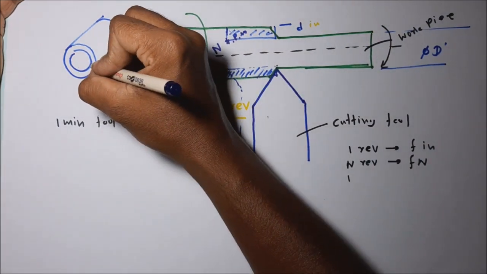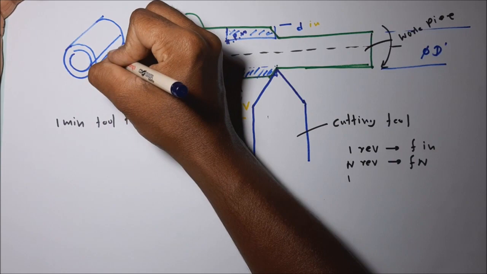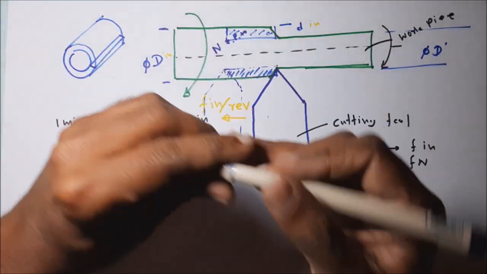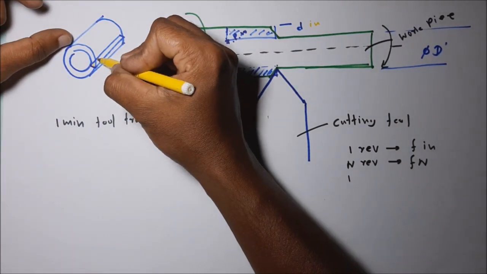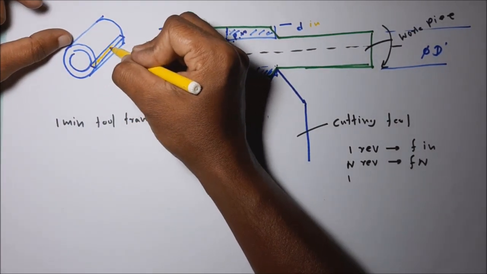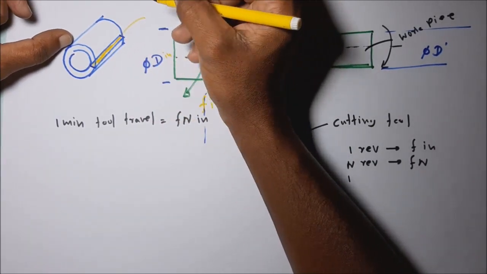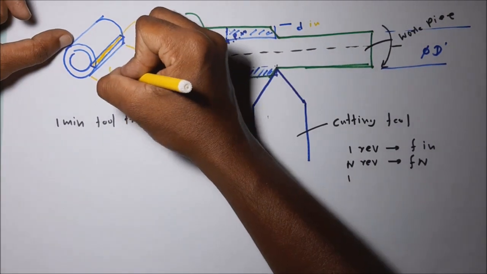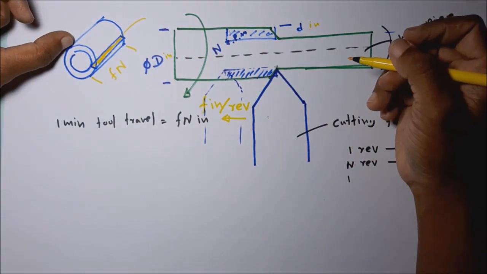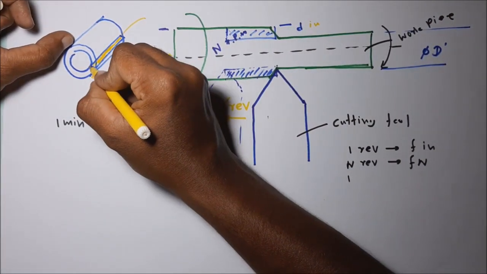So if you take the cross section, what is this area? First tell me what is the length. The length is equal to F into N. So what is the thickness of this?